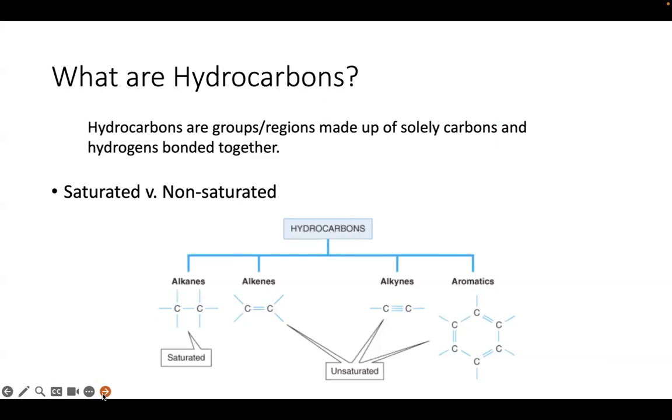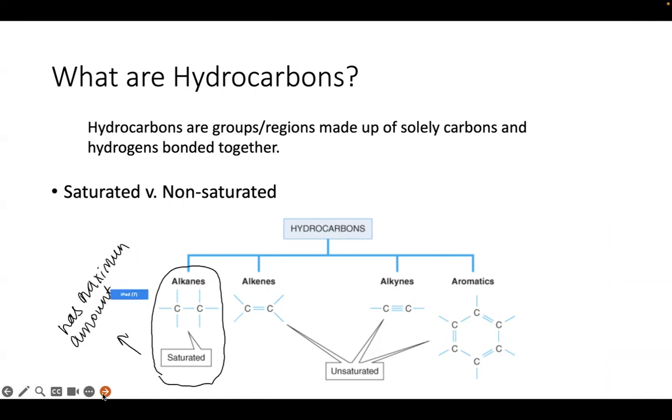And so saturated means it can have the maximum amount of hydrogens. It's saturated with hydrogens. Right? And so basically you have to have all single bonds for this.